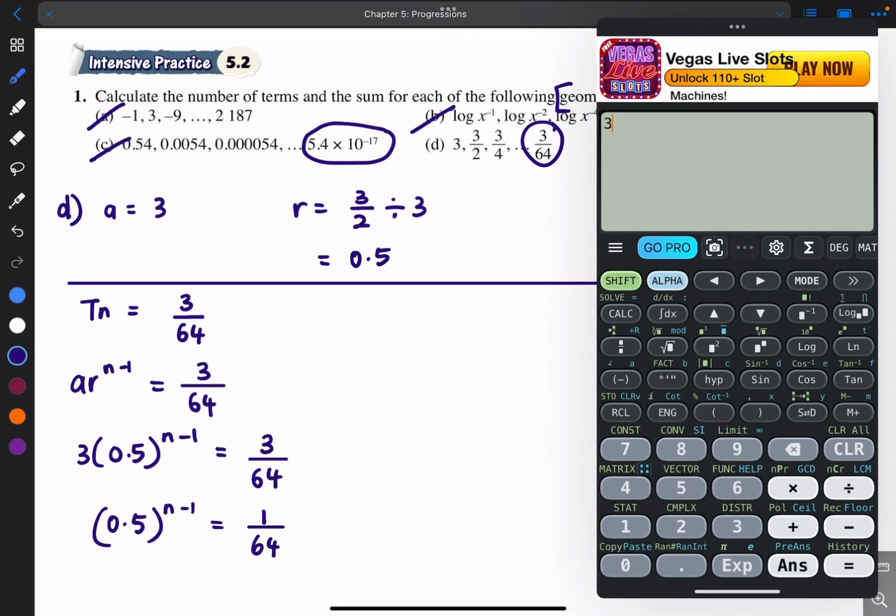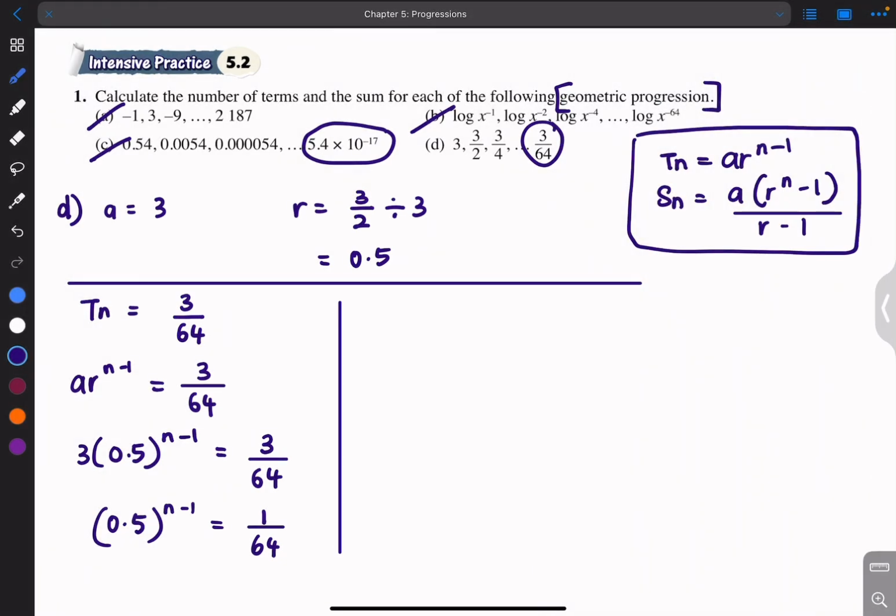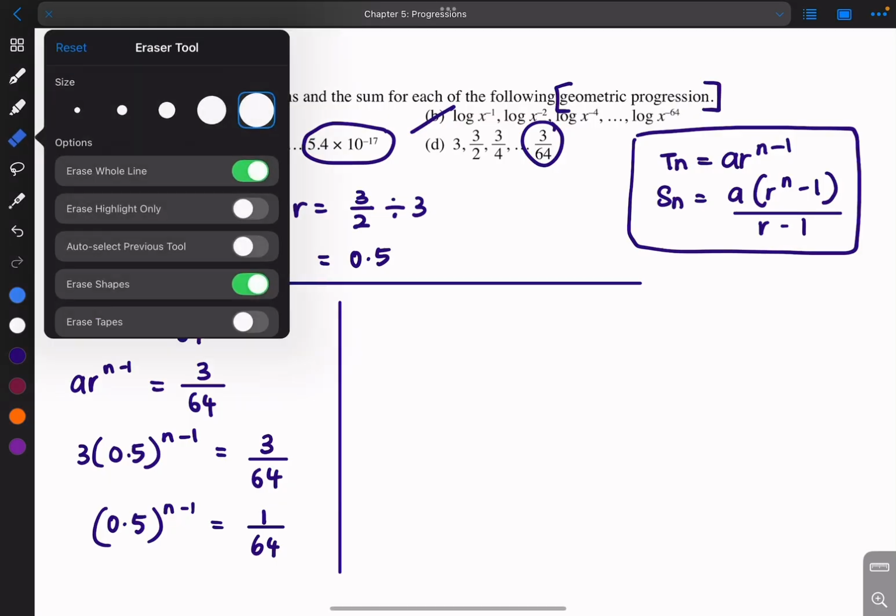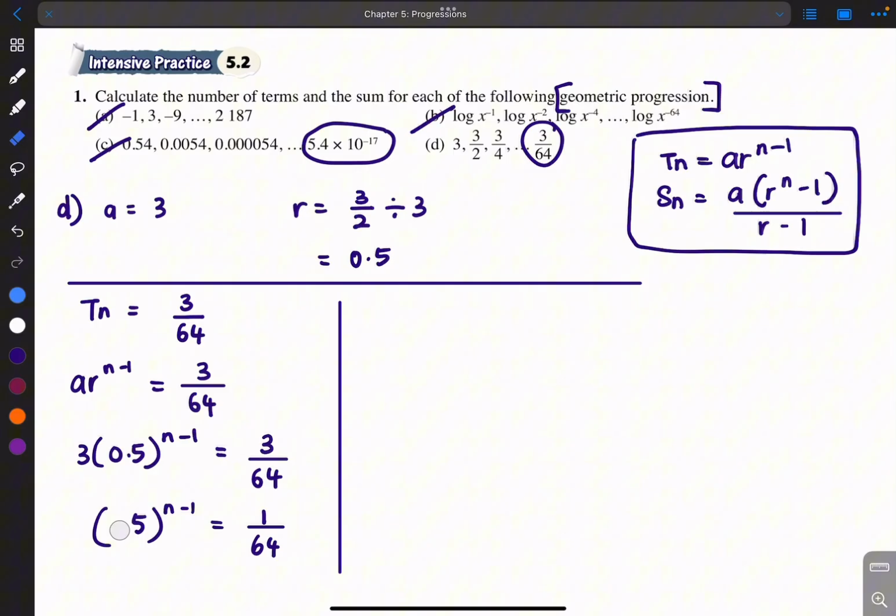I'll just show it to you guys. Divide 3. 1 over 64. Okay, then here we can solve it without log, but I'm just going to show you the log method. Without log is basically like this. I'll show you this also. So 0.5 is basically 1 over 2.